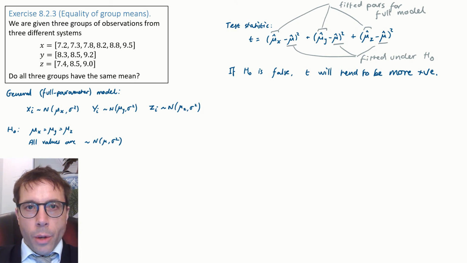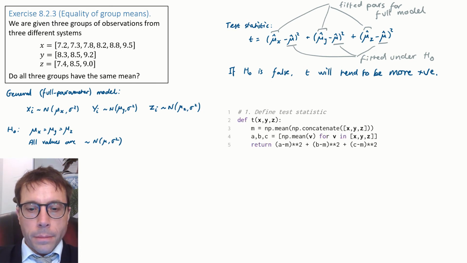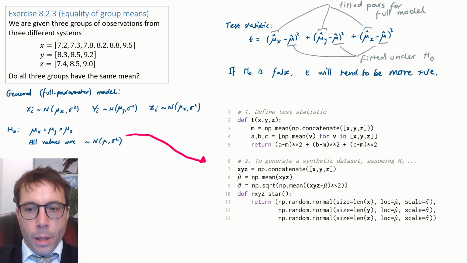Good, so now we're ready to code. Fisher's first step, define the test statistic. This is just turning our formula above for t into code. Next step, write a function to generate a synthetic data set, assuming h0 to be true.